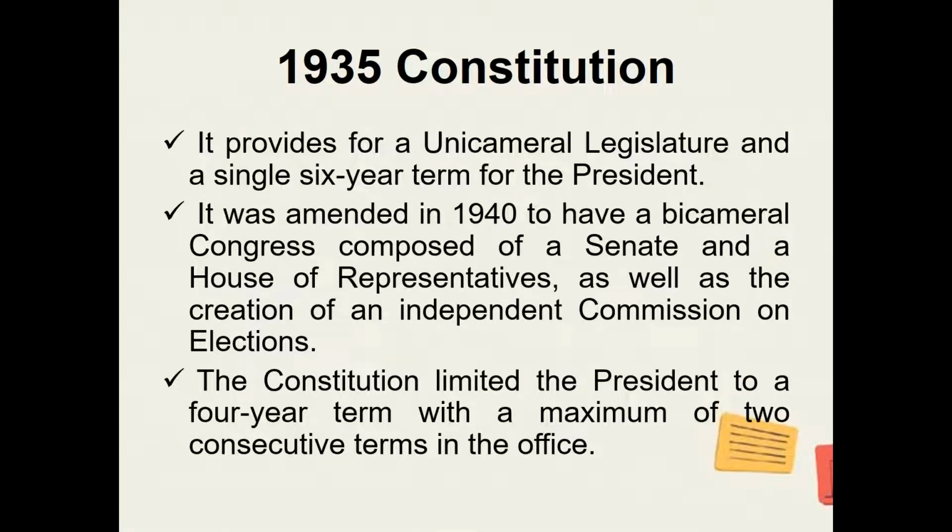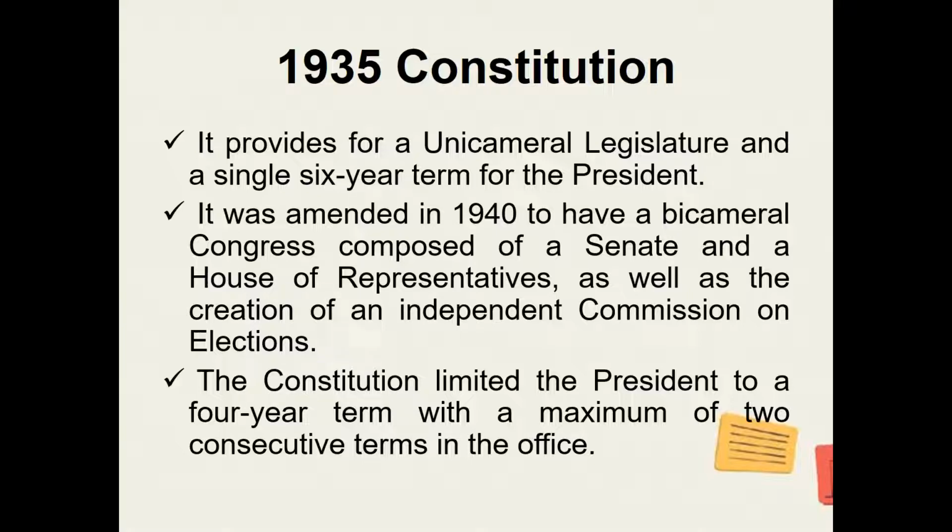The Constitution limited the president to a 4-year term with a maximum of 2 consecutive terms in the office. Actually, Marcos caught the 4-year term. So that's why he reached, for how many years? I think 20. No? 20? Okay. Because he finished the 4-year term, 2, then when the Constitution changed in 1973, he was able to run again.